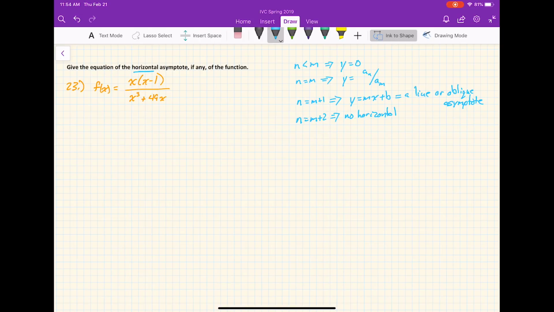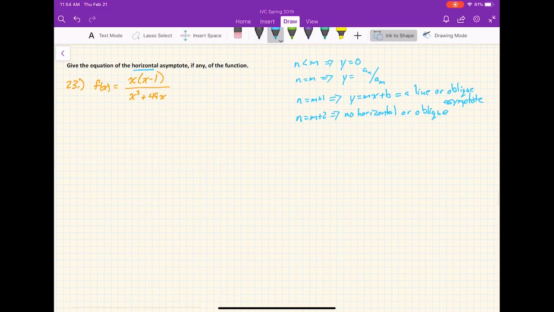So what does that all mean? Same thing above it, so I'm not going to rewrite it, except my penmanship is terrible. Anyway, so what does this mean?